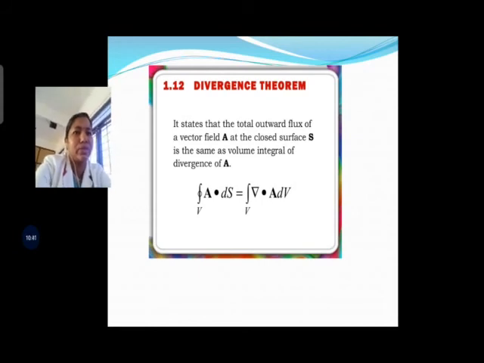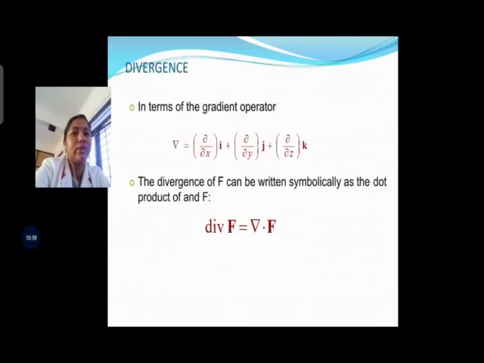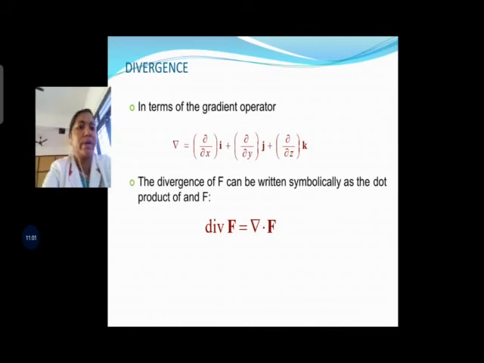So next one is the divergence theorem. It states that the total outward flux of a vector A at a closed surface is the same as the volume integral of the divergence, del dot A. So the integral of A dot ds equals the integral of del dot A dV. For divergence we have written the equation.